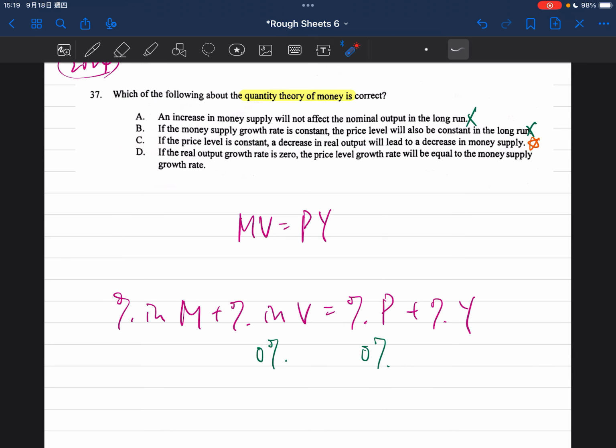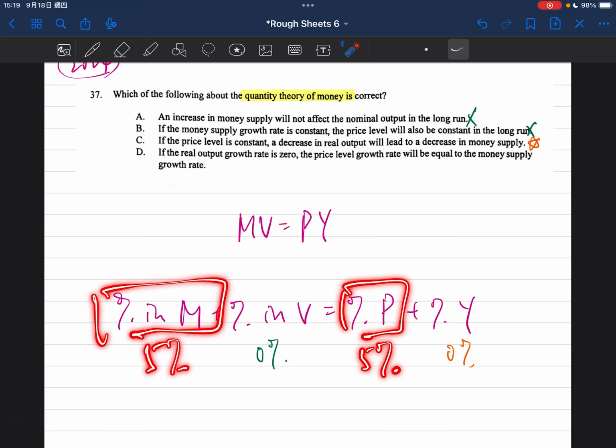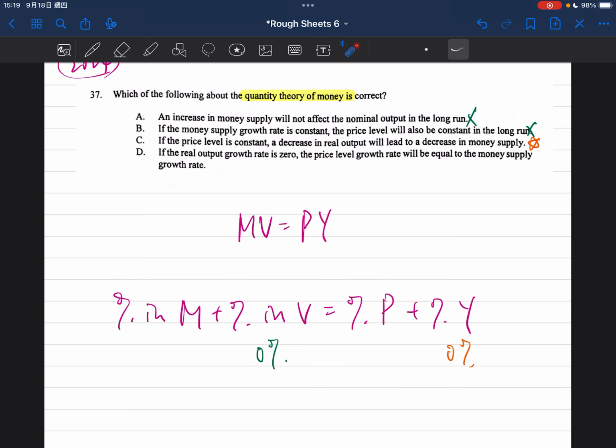Okay, the last one, option D. If the real output growth rate is 0, the price level growth rate will be equal to the money supply growth rate. Wow, this also satisfies the equation. Yeah, this seems to be correct. So wow, we have two answers here.